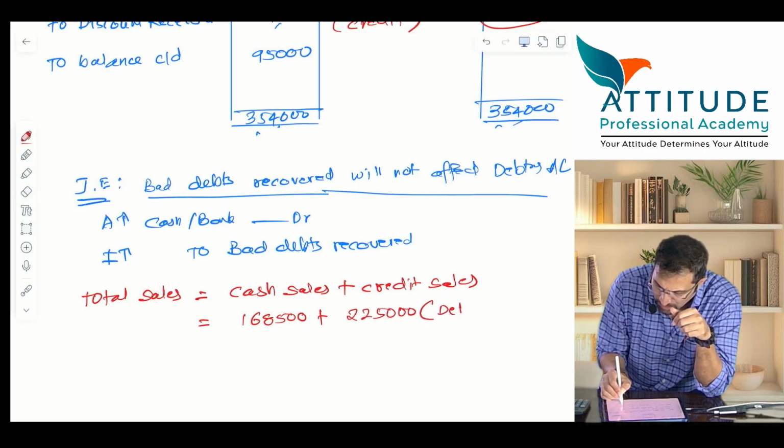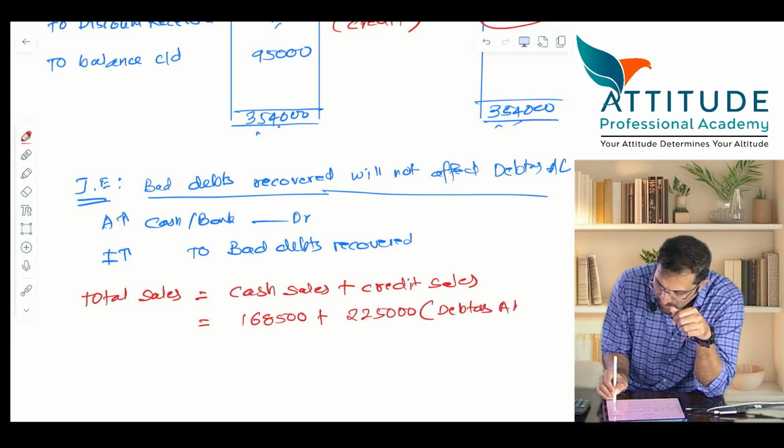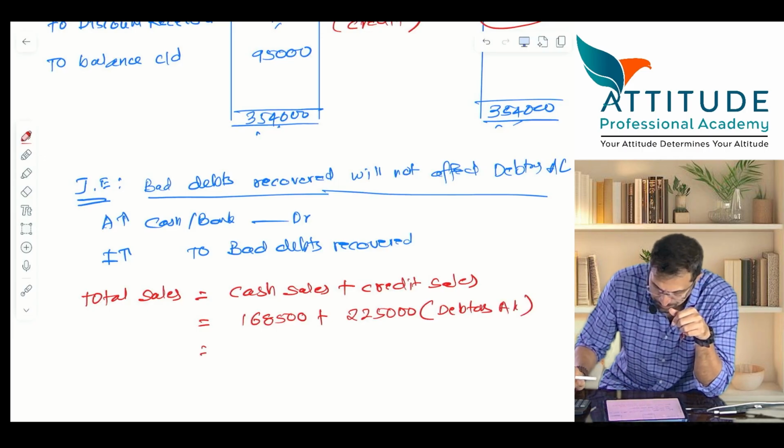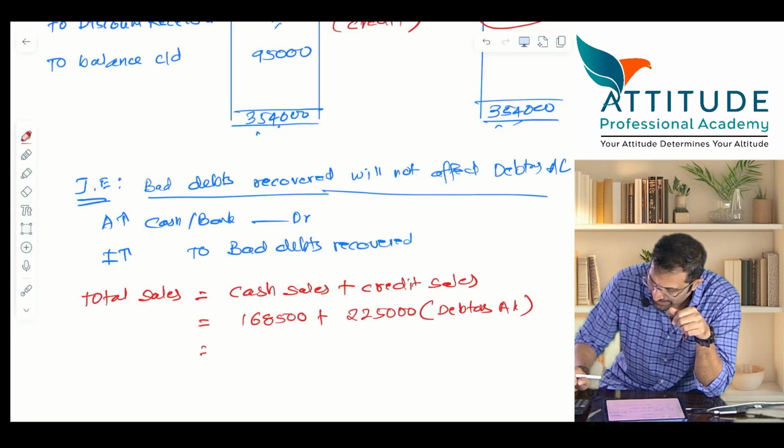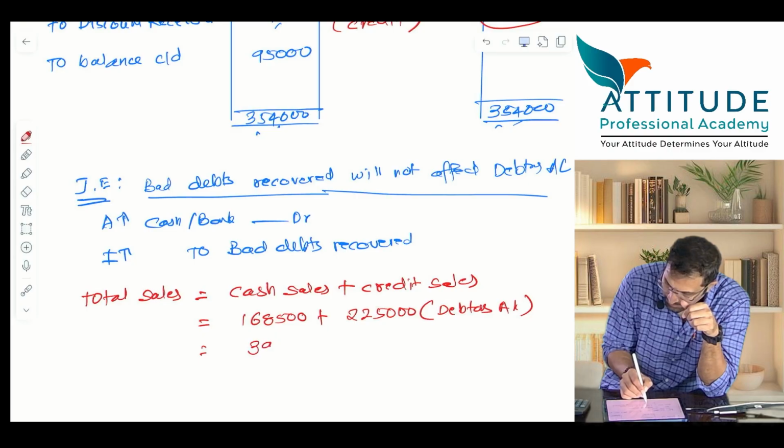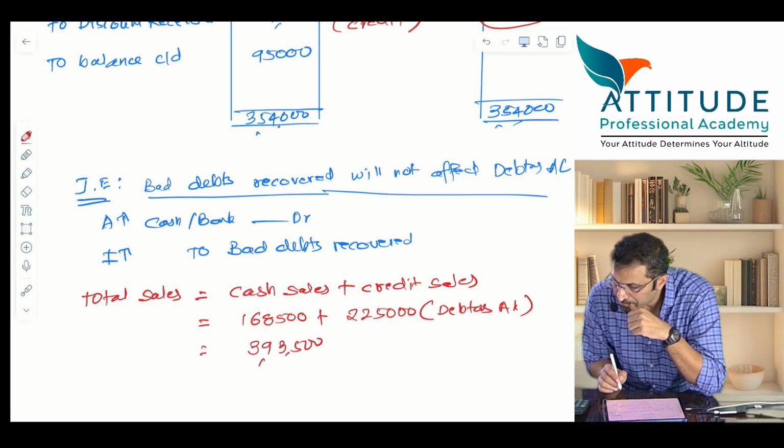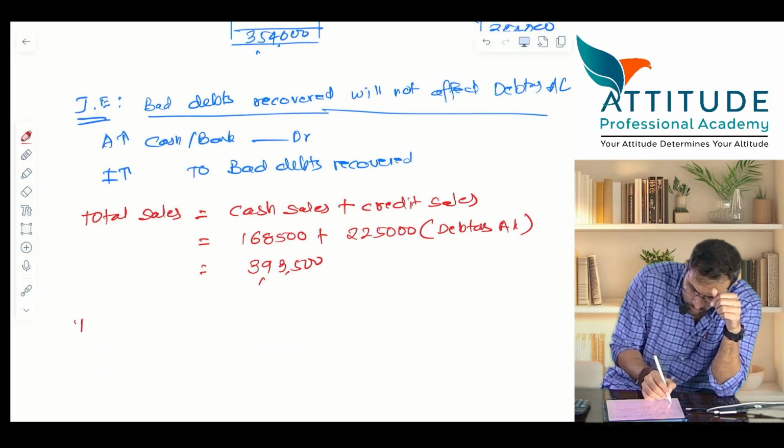This is the debtors account. Is that clear? So total: 225 plus 168.5 comes to 3,93,500. Correct?